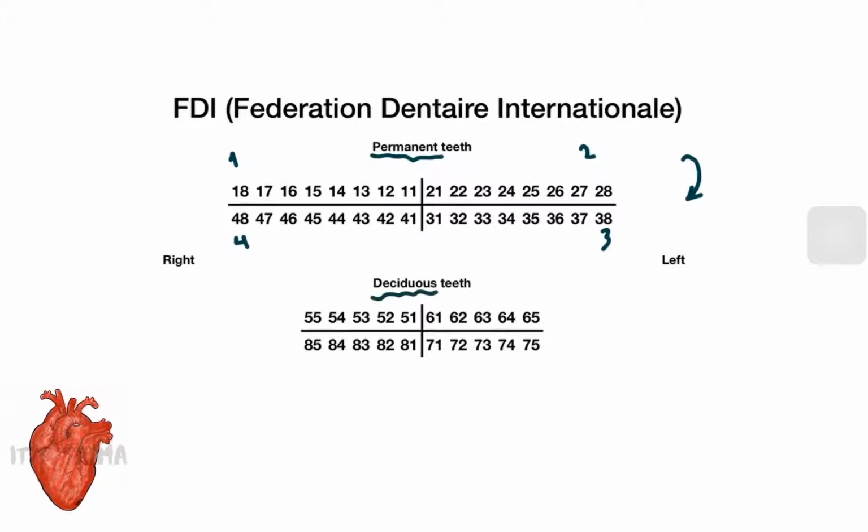In the case of the child, they are the 5th, 6th, 7th, and 8th. In this system, we always write the quadrant number on the left. And the right digit is again the numbering made from the midline to both lateral sides.